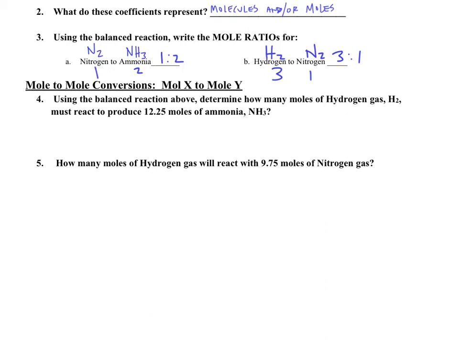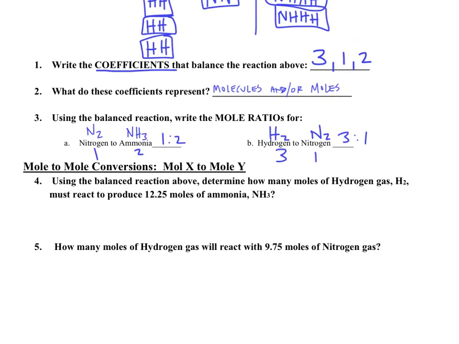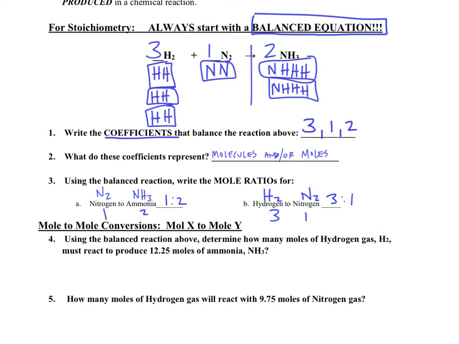So number 4 says use the balanced reaction above. Determine how many moles of hydrogen gas must react to produce 12.25 moles of ammonia, NH3. So we're going to use the reaction that was given to me up here. What we said was 3 moles of hydrogen gas plus 1 mole of nitrogen gas produces 2 moles of ammonia.